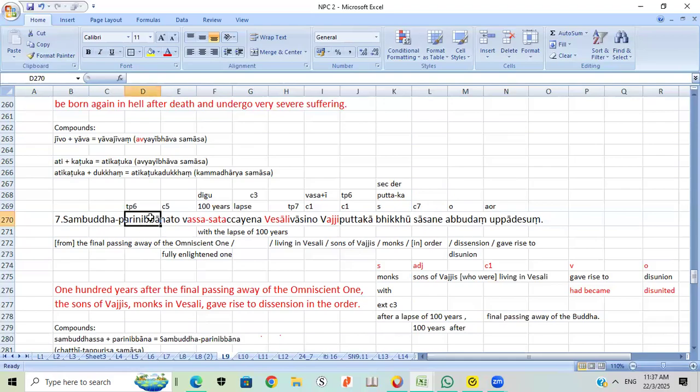Tapurisa, sixth case compound, of some fully enlightened one or omniscient one. Or you just say Buddha also, no problem. It's up to you. If you put Buddha here, it's not a problem.